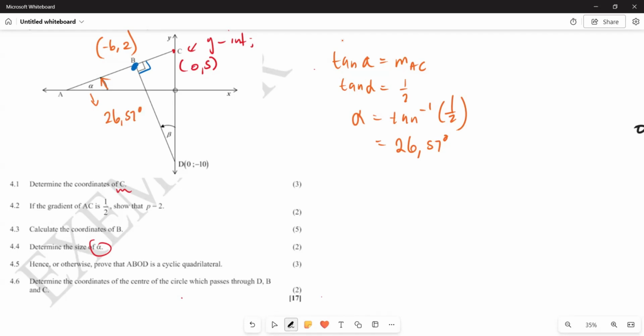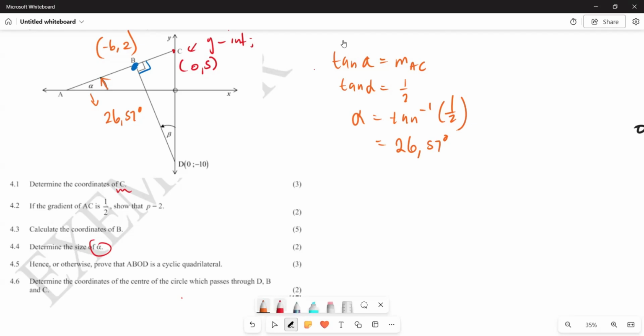Right, now they say hence or otherwise prove that ABCD is a cyclic quadrilateral. Now, how can you prove that this is a cyclic quadrilateral?